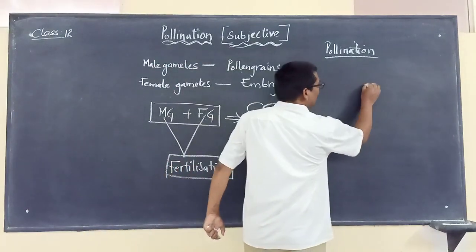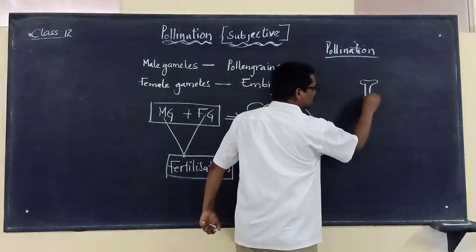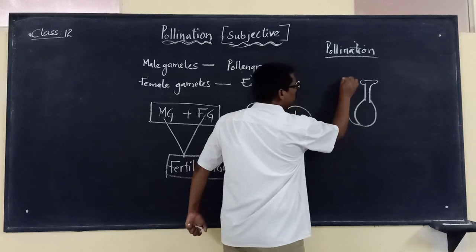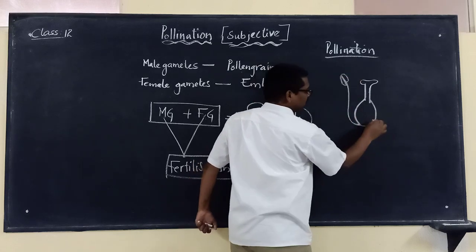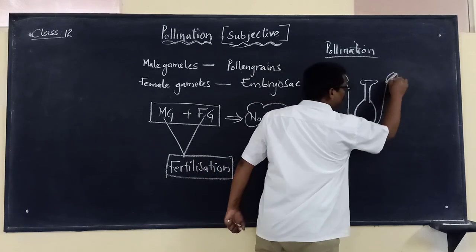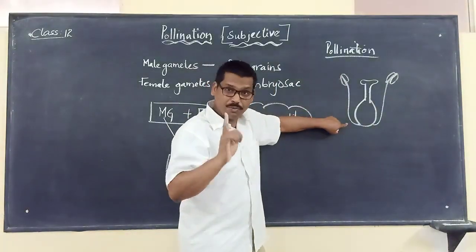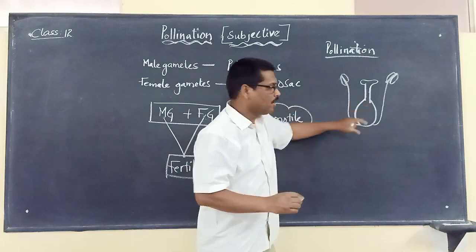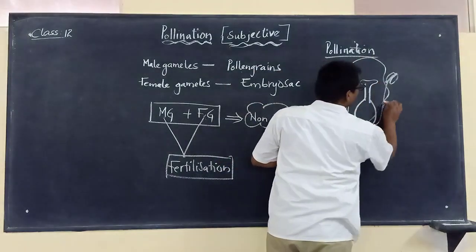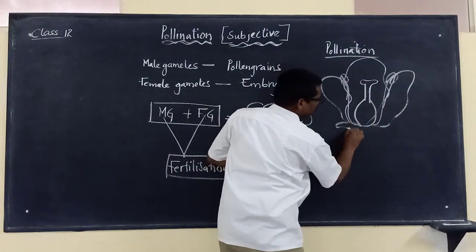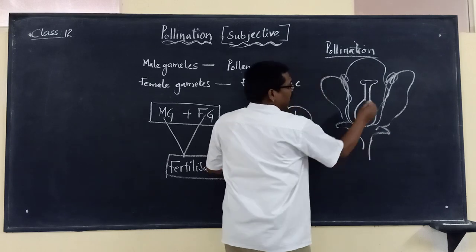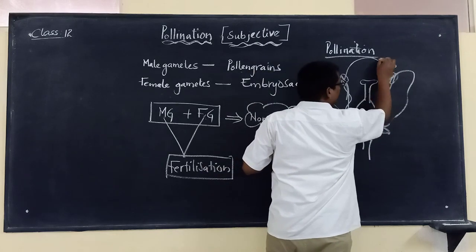So what is pollination now? It is the transfer of pollen grains from anther to the stigma. We already know the male part of the flower is the androecium and the female part of the flower is the gynoecium. In a simple flower, the anther will shed the pollen grains.